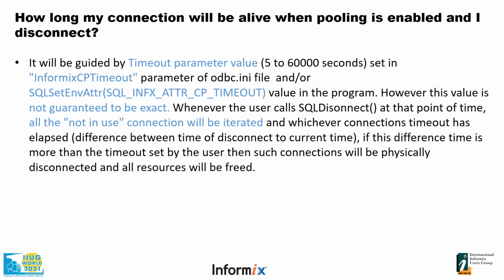Depending on the Informix CP timeout, it will decide whether to disconnect completely from the database or keep the connection idle. When you call a disconnect, if the CP timeout has expired, the connection will be disconnected completely.